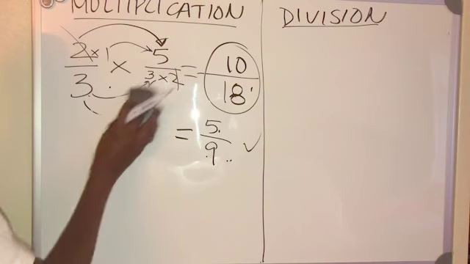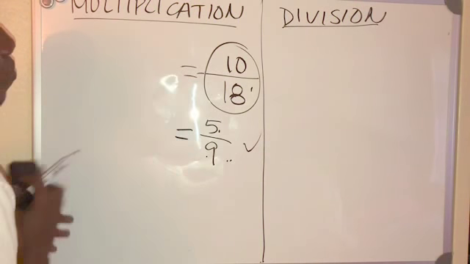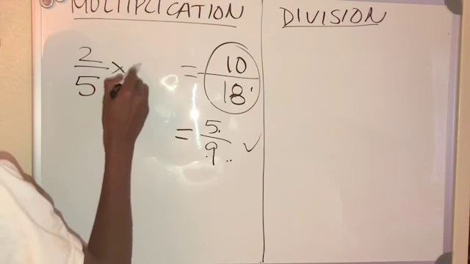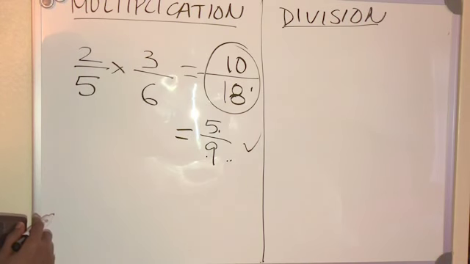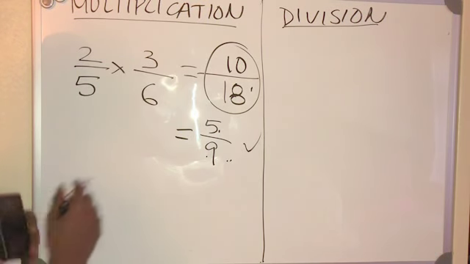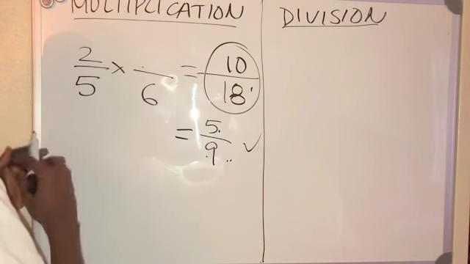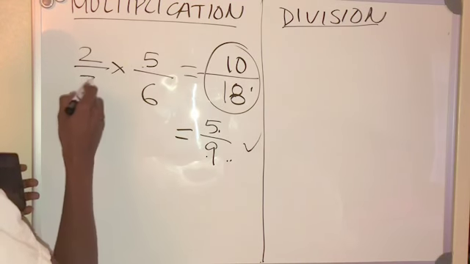Okay? Let me clear it up so you guys don't get confused. So it was 2/5 times 3/6. Okay, so 2/3. It was 2/3.